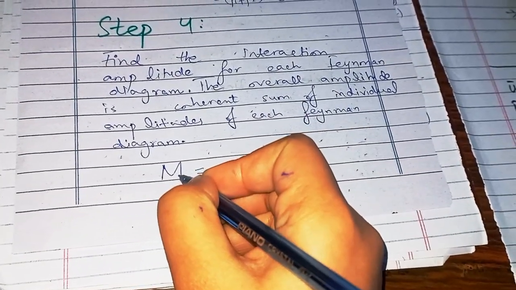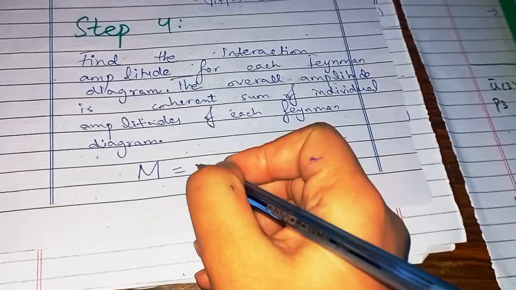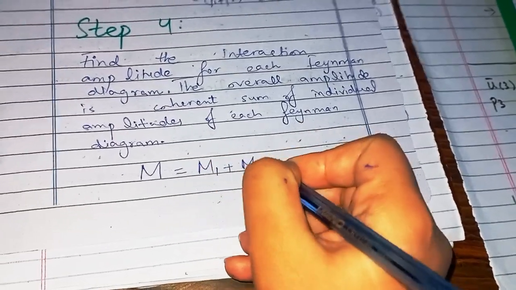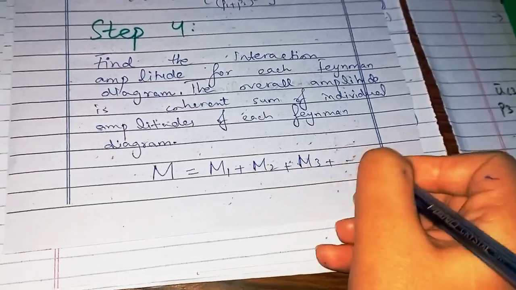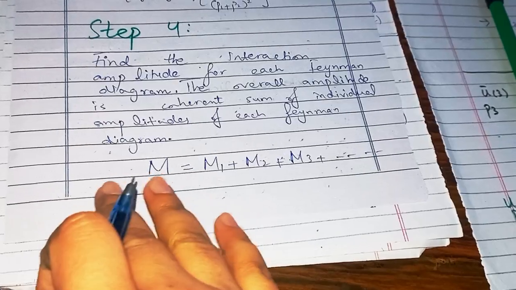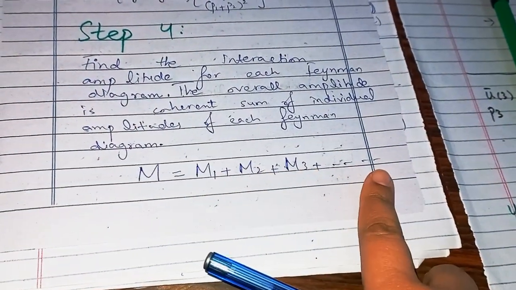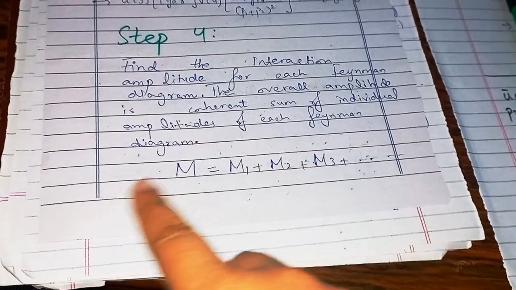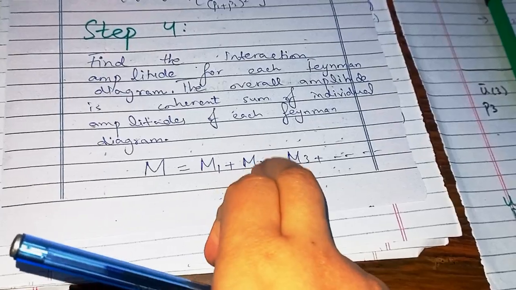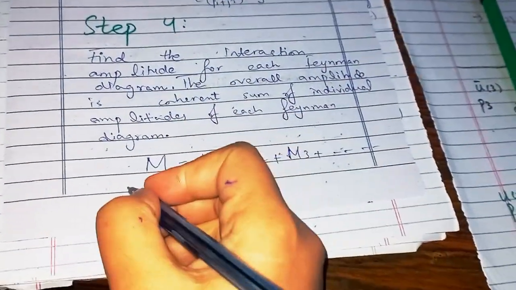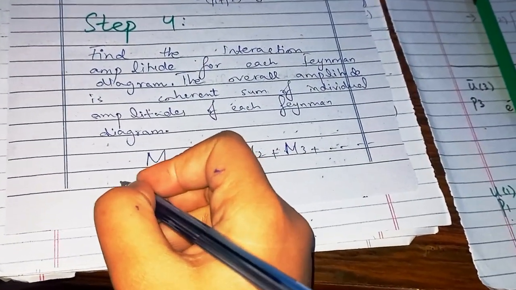So actually the net amplitude is equal to M1 plus M2 plus M3 and so on, depending upon how many Feynman diagrams you have. For this process, we have 2 Feynman diagrams, so we'll stop at M2, but just in case you have a greater number of them.